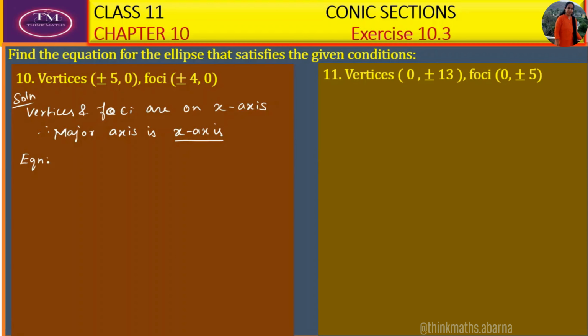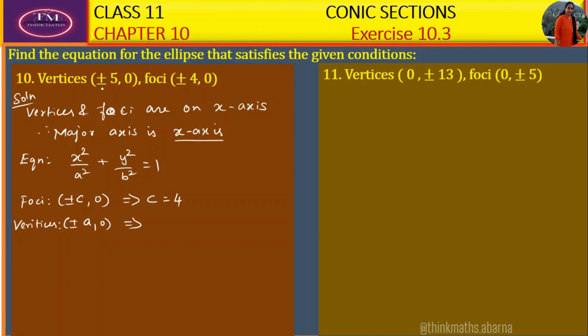Therefore, the equation will be x square by a square plus y square by b square equal to 1. So, for this, what will be the focus? Focus will be plus or minus c comma 0. And comparing with the given focus, we get c is equal to 4. Vertices will be plus or minus a comma 0. So comparing with the given vertices, a will be equal to 5.